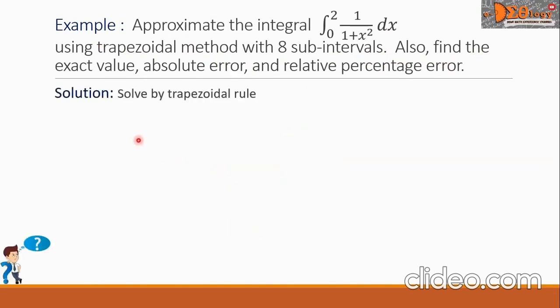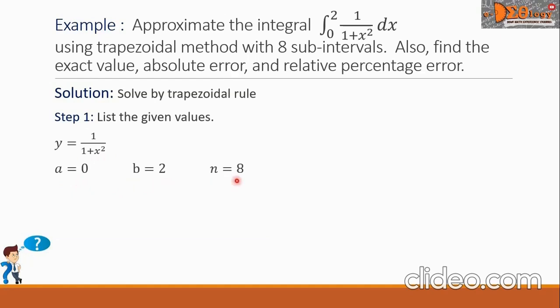First, let us solve this problem by trapezoidal rule. Step 1, we're going to list the given values. The function y equals 1 over 1 plus x squared. Then we write the limits a and b. The values are 0 and 2 respectively.